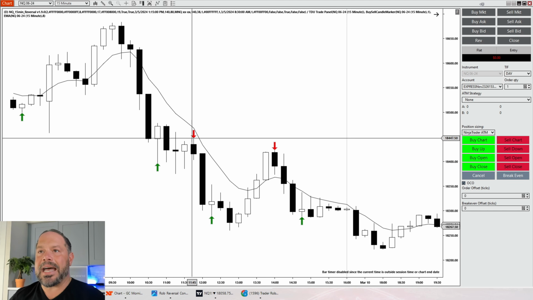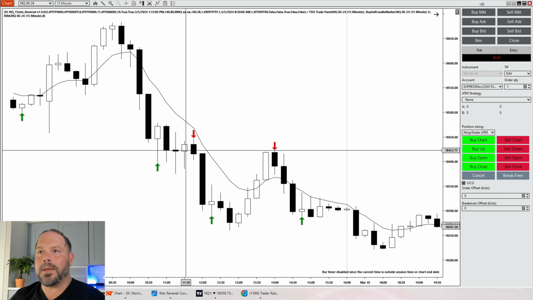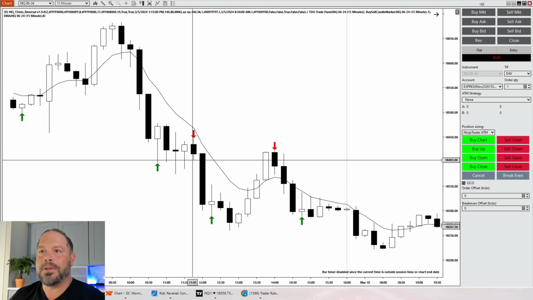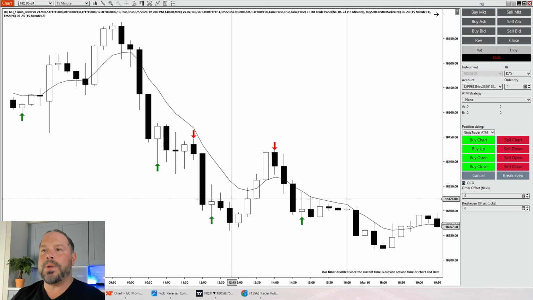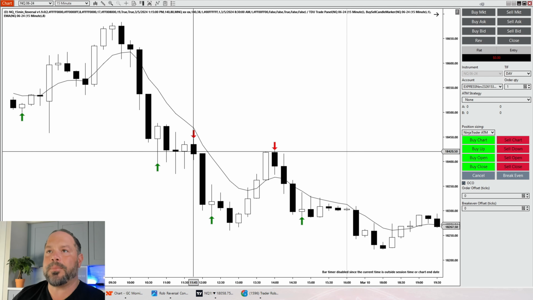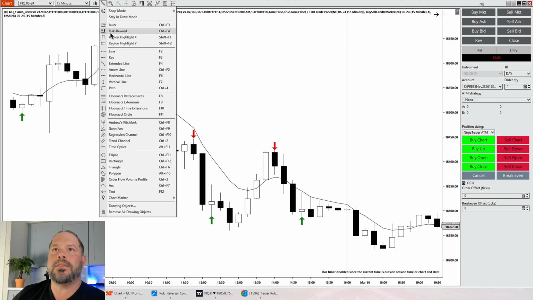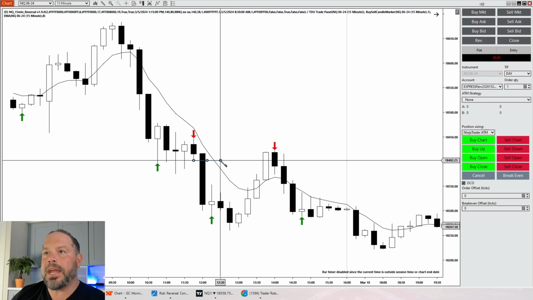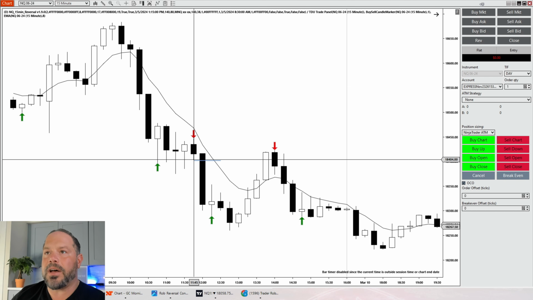It must have a higher high than this previous up candle, but must not have a lower low than this candle. So we have a valid setup right here. If I put a line where my entry order would be, it would be right here where this blue line is at, 1 tick of offset.